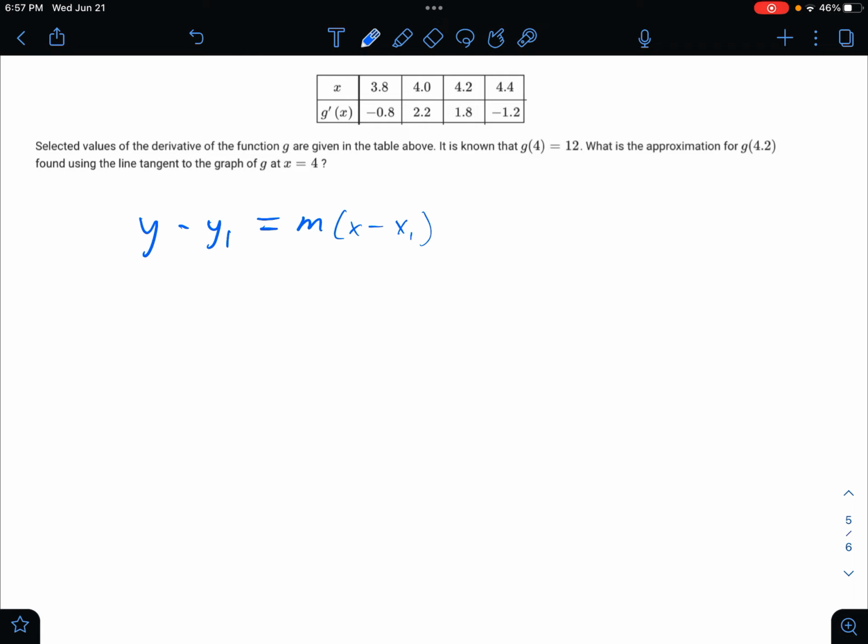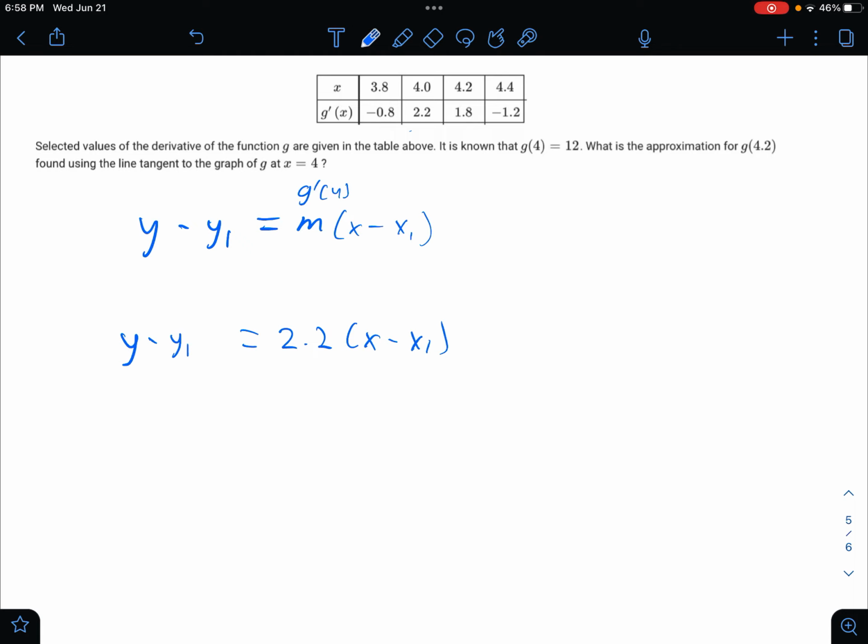So for our m, we have to find out what we are supplementing with instead of the 4.2, or what are we replacing the 4.2 with. In this case, it says 4, as the line tangent to the graph of g at x equals 4. So what is g prime of 4? It says here 2.2. So we write 2.2, since g prime of 4. So 2.2 times x minus x1 is equal to y minus y1.